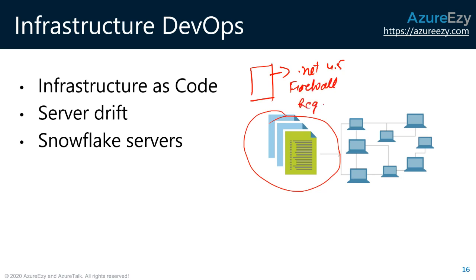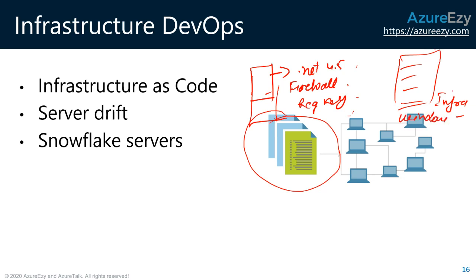I need this registry key enabled or disabled. I need this runtime. Whatever operating system customization you need, you provide that to the infrastructure person, and they customize it. Now, what happens is that this is the operating system. Let's take an example of Windows itself. Now you ask for Windows 2000.